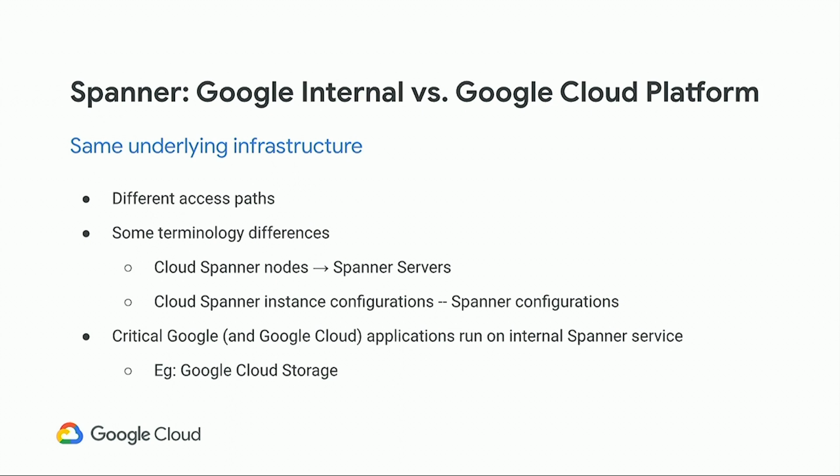The other differences are in terminology. So my colleague will come up and talk about some of these. But basically, externally, we have Cloud Spanner nodes, which we call Spanner servers internally. And externally, we have instance configurations, which are the topology for how replication is done, basically a replication topology.